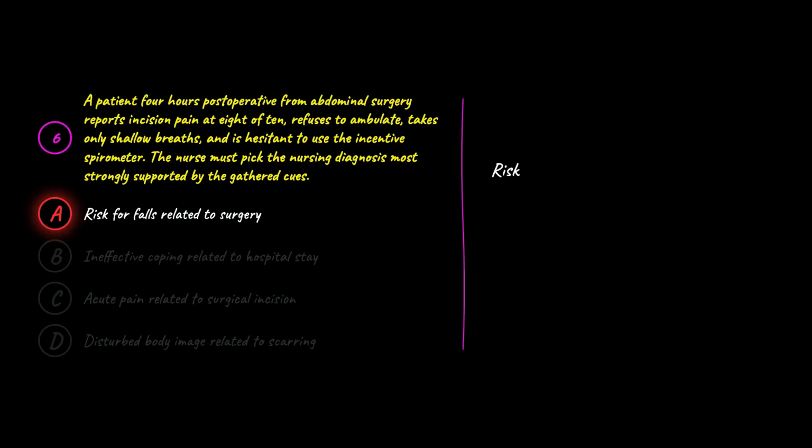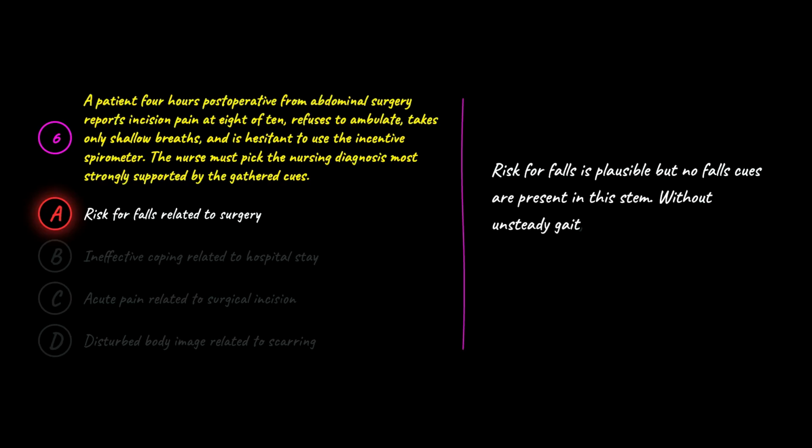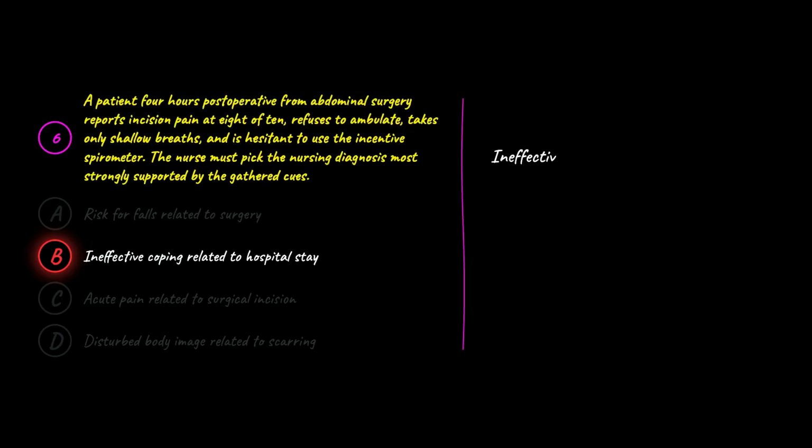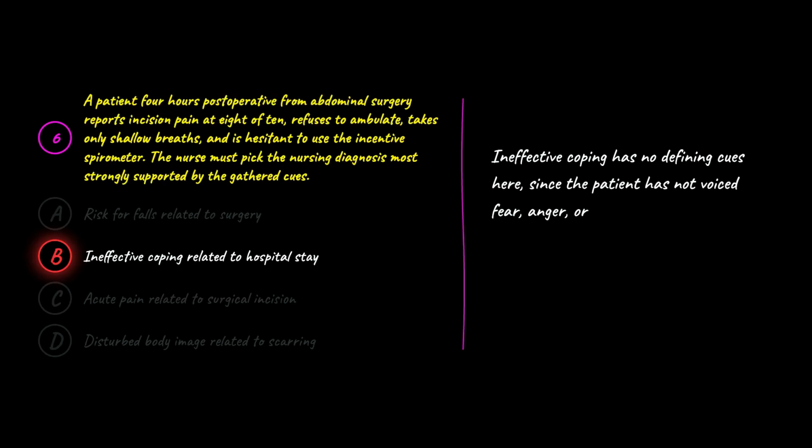A is wrong because risk for falls is plausible, but no falls cues are present in this stem. Without unsteady gait, sedation, or attempts to climb out of bed, there is no support for naming this the priority. B is wrong because ineffective coping has no defining cues here, since the patient has not voiced fear, anger, or maladaptive behaviors.